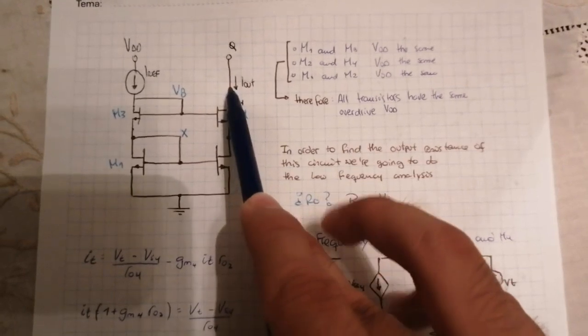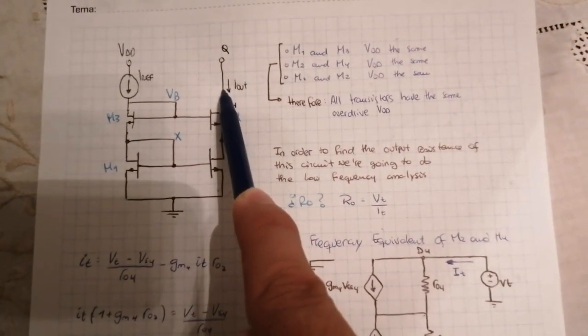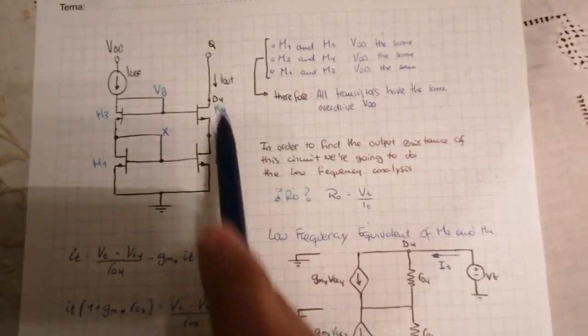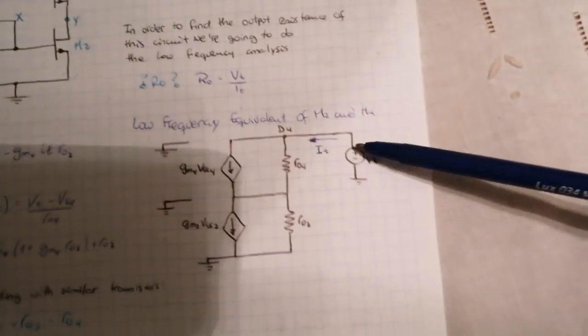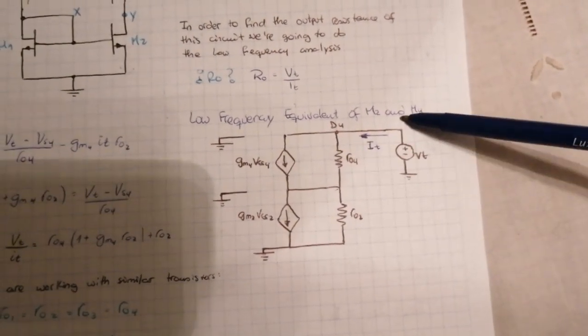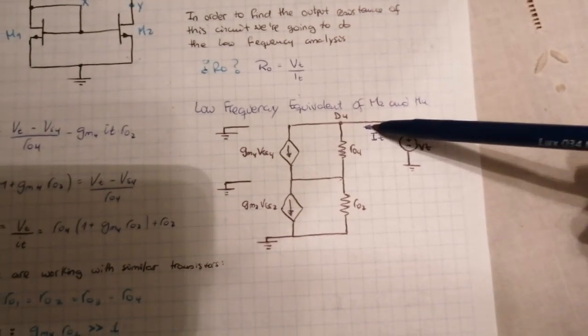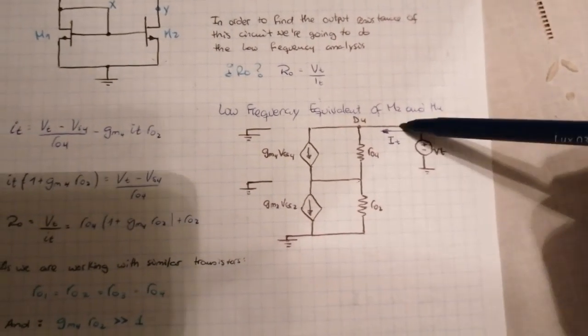We're going to put right here a voltage source, like a battery, so we can do our math. This voltage source is going to have an output current, and these two things are what we have to find.